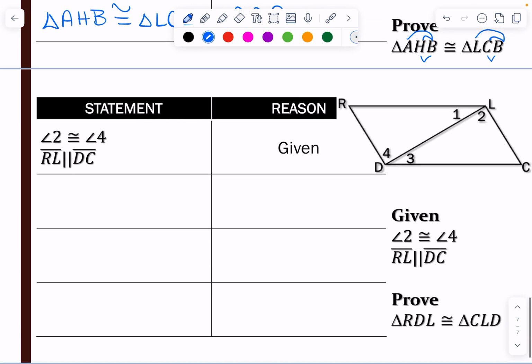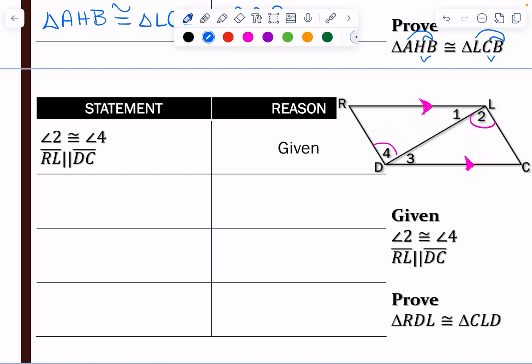So what do I know and what do I need to get? Here we go. I know that angle 2 and angle 4 are congruent. It also tells me that RL is parallel to DC. Now, what does that help me with?